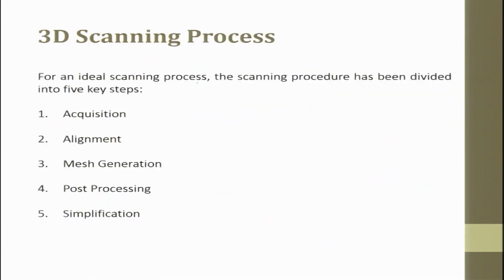For an ideal scanning process, the scanning procedure has to be divided into 5 steps. Very important, it has to be divided into 5 steps. Acquisition of the data is important. For example, I try to scan this object, which is a pen holder, and I get all the data, but if I tilt the object like this and take the data, all the data points I have got are inclined at an angle.